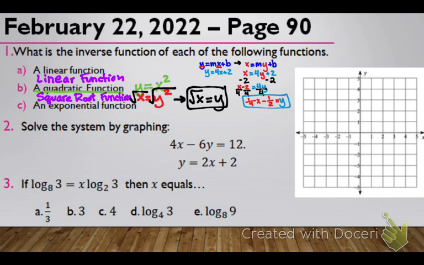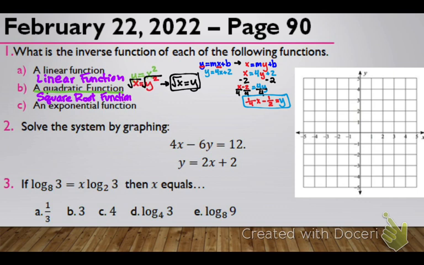The third function we have is an exponential function.